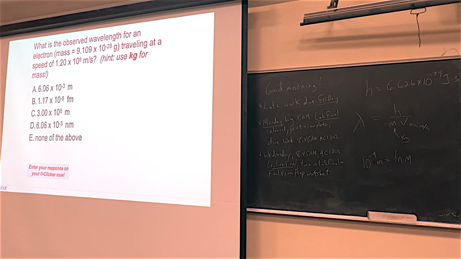You can use the speed as is, but initially the wavelength that comes out will be in meters. And the wavelength in meters doesn't make any sense based on the values up here.